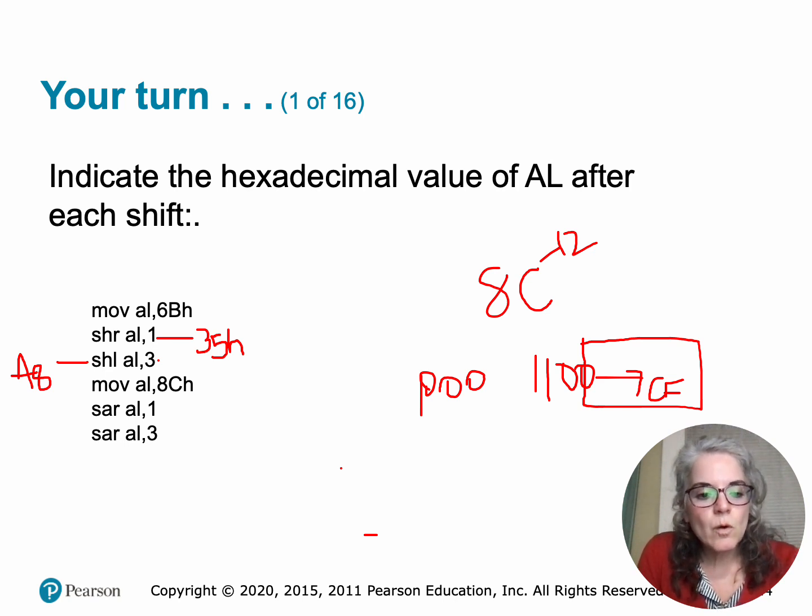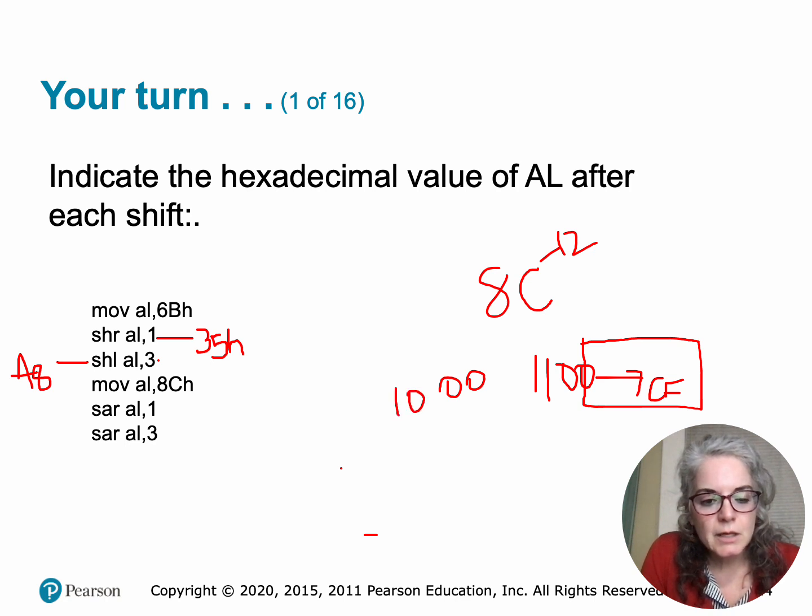The last bit is a 1, so we're going to copy that 1 and add it to the back. So our binary number is 1, 1, 0, 0, 0, 1, 1, 0.